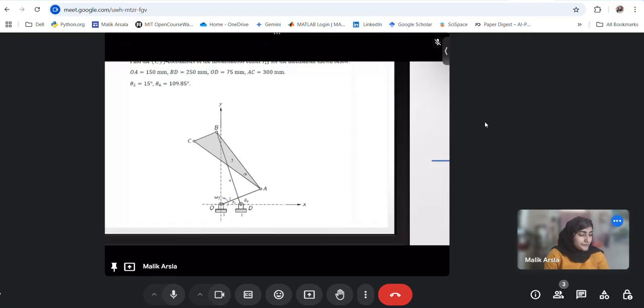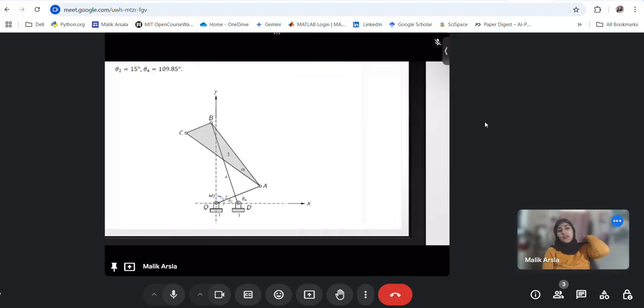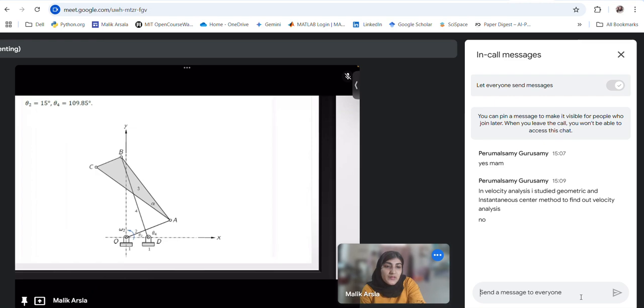I13. Okay, so what we will do, you must have studied about Kennedy's theorem. Can you tell me what that theorem states?